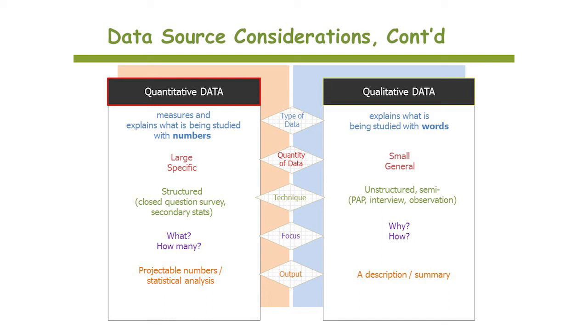Quantitative focuses on what and how many, while qualitative data focuses on why and how. And finally, in terms of the outputs from each type of data, quantitative yields results in projectable numbers and statistical analysis, while qualitative gives results in description or summary.